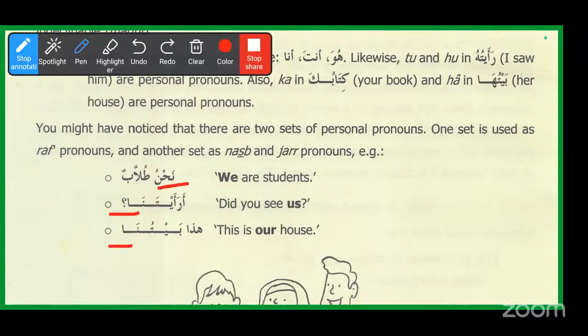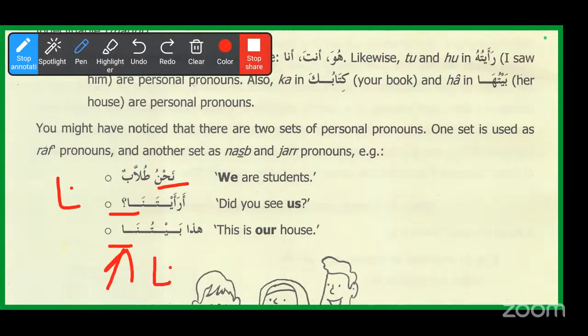These are object pronouns, when you have them in halat al-nasab or halat al-jar. Ara'aytana is in halat al-nasab. Na is in halat al-nasab. And then here, haza baytuna, this na is in halat al-jar.